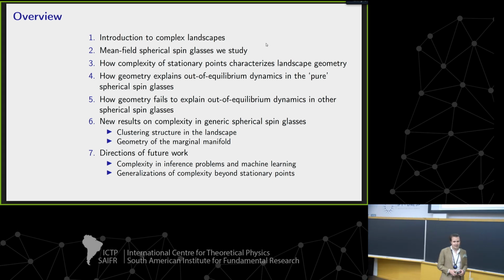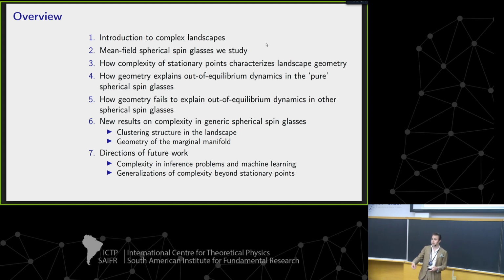Then I'll explain how we can characterize the geometry of the energy or cost landscape in these models using statistics of stationary points, minima, maxima, saddle points in the function.